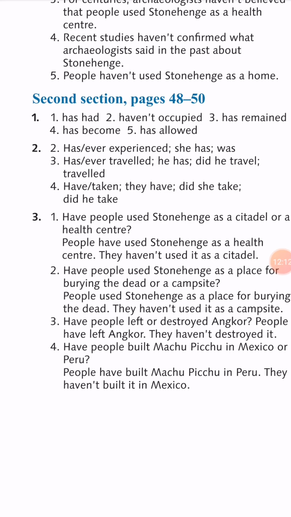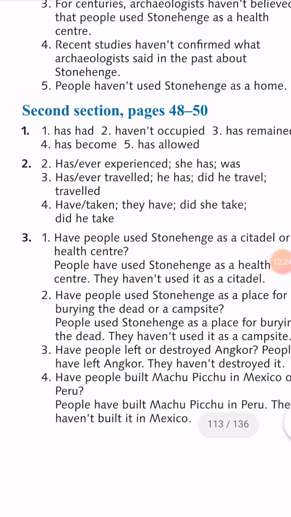We have an example here according to your book. I will read it. The clues in number 1: people, Stonehenge, a citadel, or a health center. Stonehenge, a health center is the clue for the affirmative answer because of the tick. A citadel has a cross, so you have to answer it with its negative form. All these sentences are in present perfect.